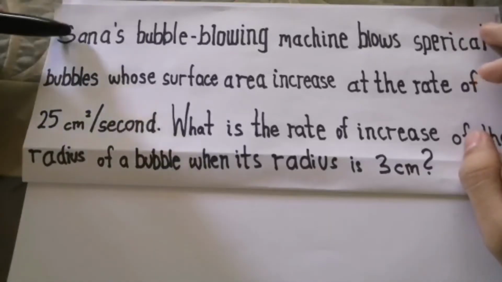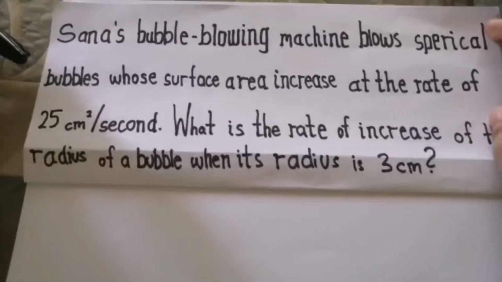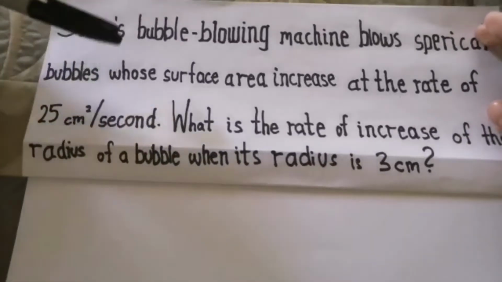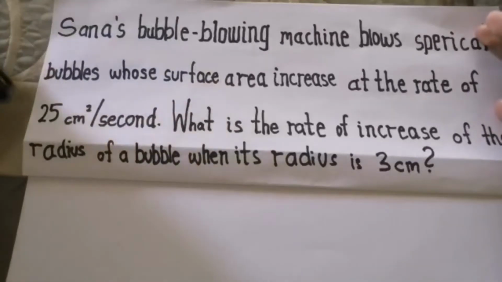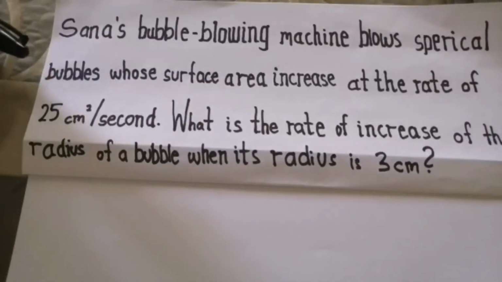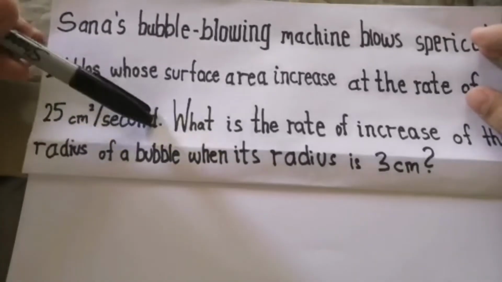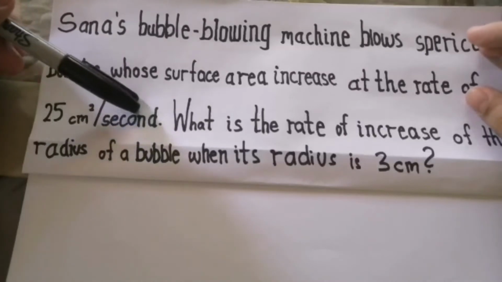Sana's bubble blowing machine blows spherical bubbles whose surface area increases at the rate of 25 cm squared per second. What is the rate of increase of the radius of a bubble when its radius is 3 cm?